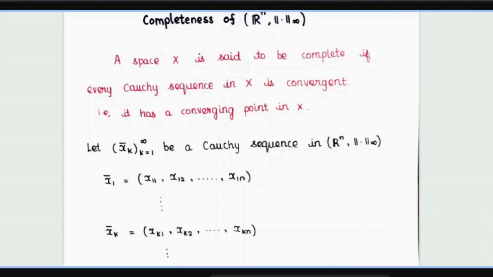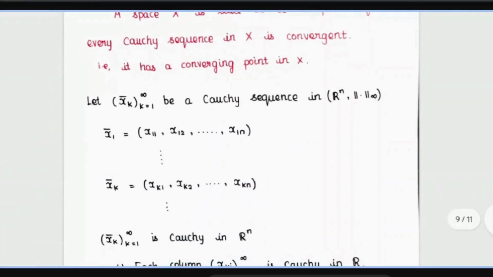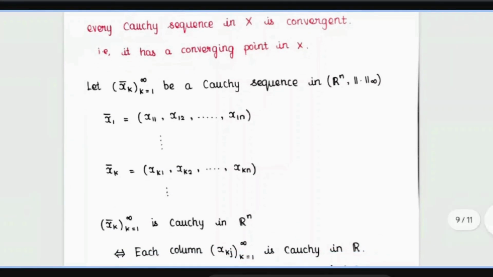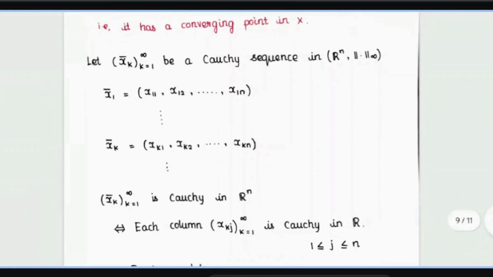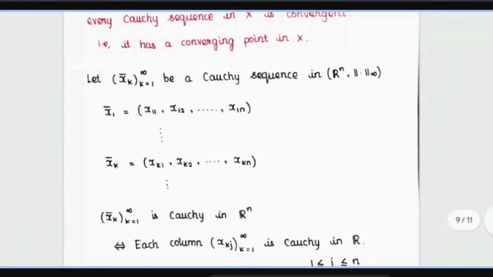X_k bar, which means x_1 bar is equal to x_11, x_12 up to x_1n. We have n coordinates, and in general the x_k term will be x_k1, x_k2, etc., x_kn. So it is a Cauchy sequence in R^n.